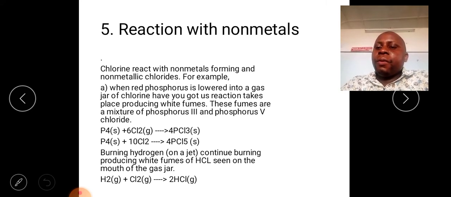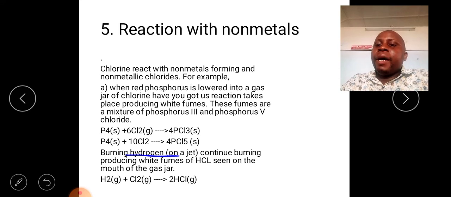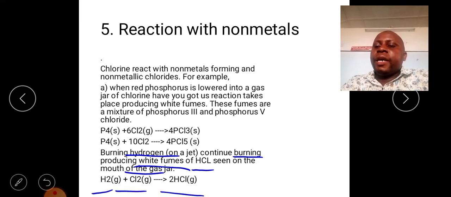What about reaction with hydrogen? Chlorine reacts with hydrogen when burnt in a jet, and the hydrogen will continue burning, producing white fumes. It will produce white fumes of hydrogen chloride, which will be seen at the mouth of the gas jar. So hydrogen reacts with chlorine, and this forms hydrogen chloride gas.